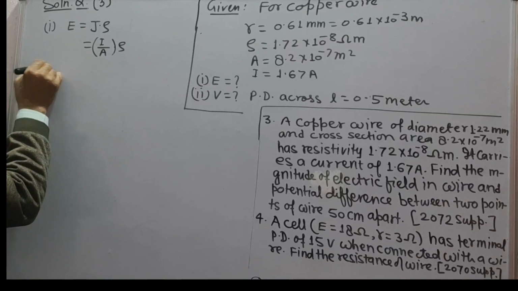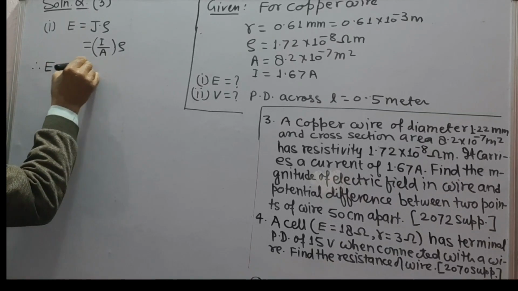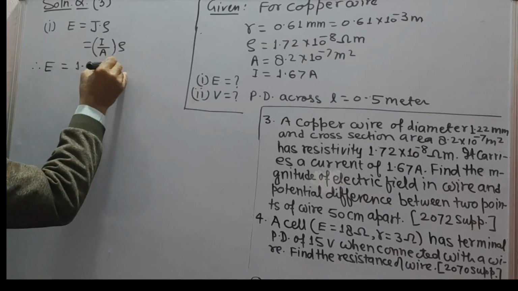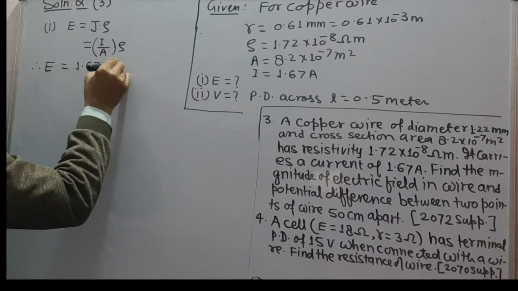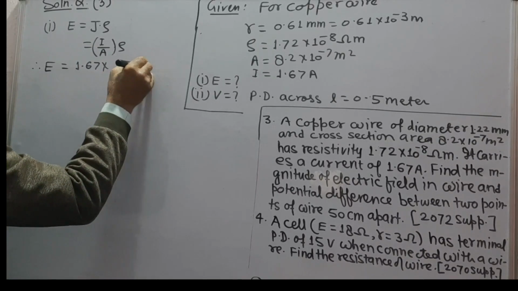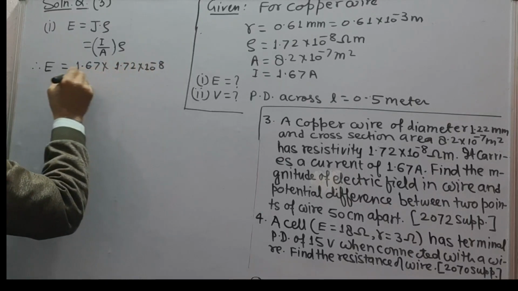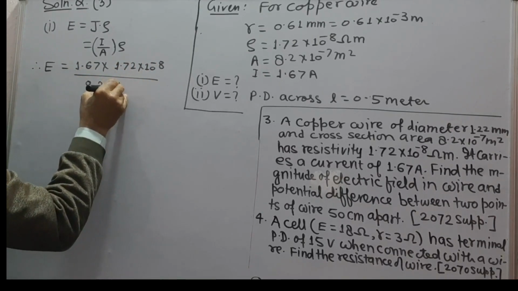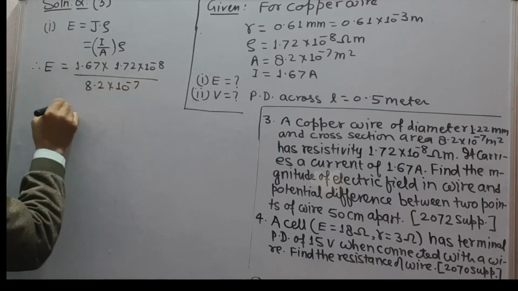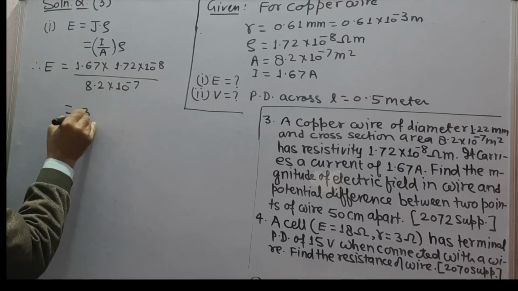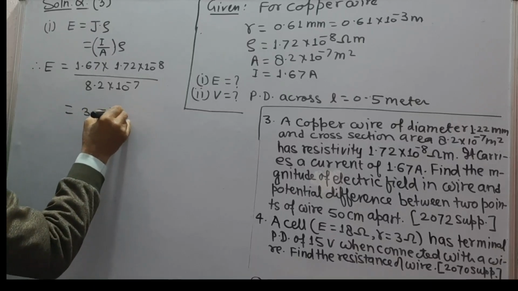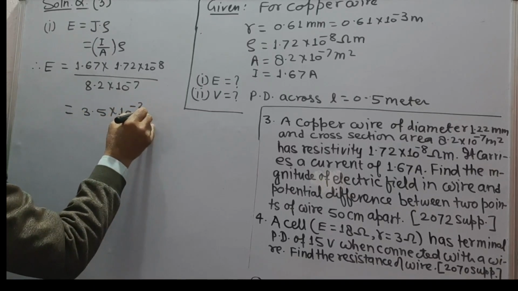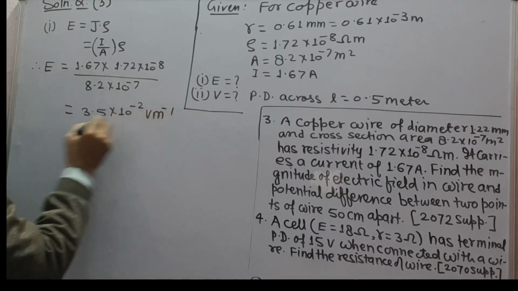Therefore, E will be equal to I is 1.67, rho is 1.72 into 10 to minus 8, and cross section is 8.2 into 10 to minus 7, which gives E as 3.5 into 10 to minus 2 volt per meter.